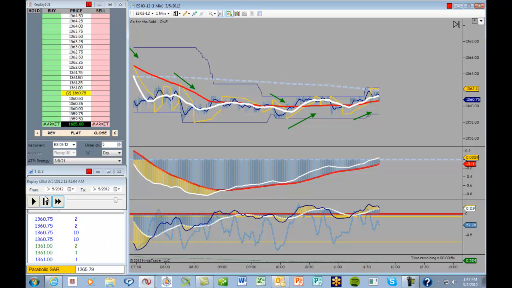It got caught right on that resistance zone in the form of the long-term moving average. If we can, it's going to try it again though, as you'll see. Let's keep an eye on it. All right, there's our flip. We're almost to a crossover on the faster MACD.